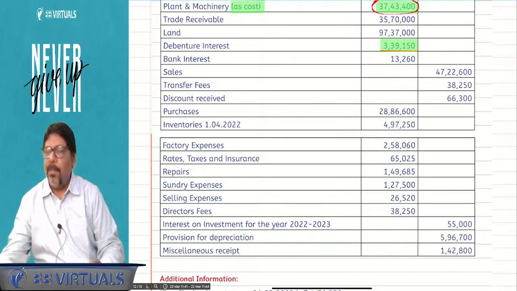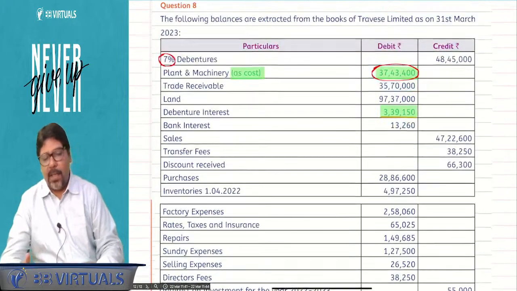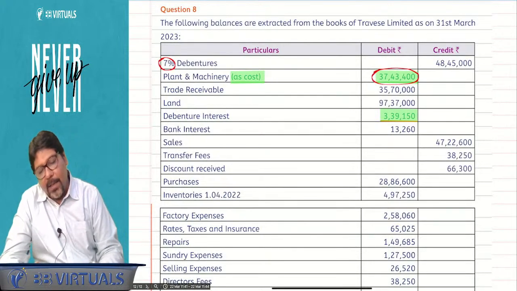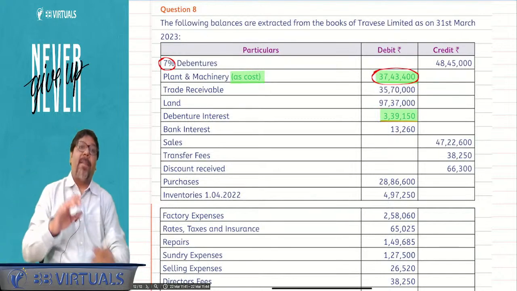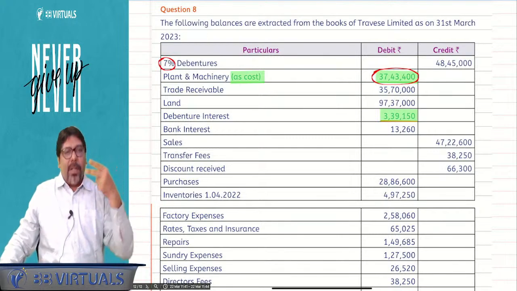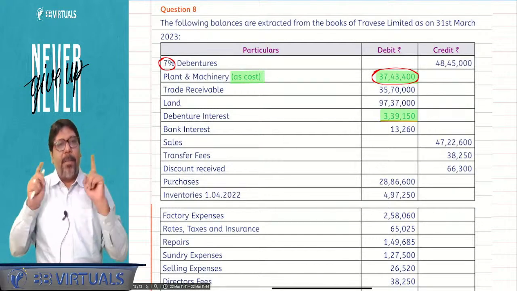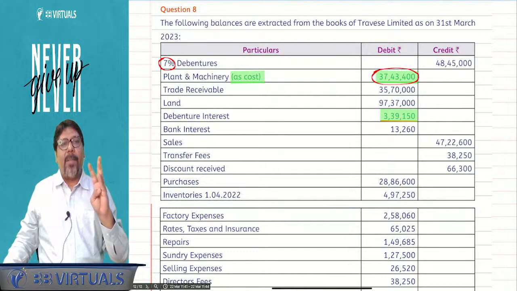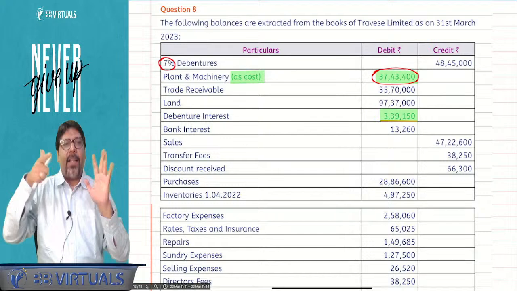Okay chartered, tell me quickly. Land, that is also balance sheet. Debenture interest is what? That will come in P&L as expense. In P&L, how many heads are there? Expenses: raw material consumed, purchases of stock in trade, changes in inventory, employee benefits, finance cost, depreciation and amortization, and other expenses.